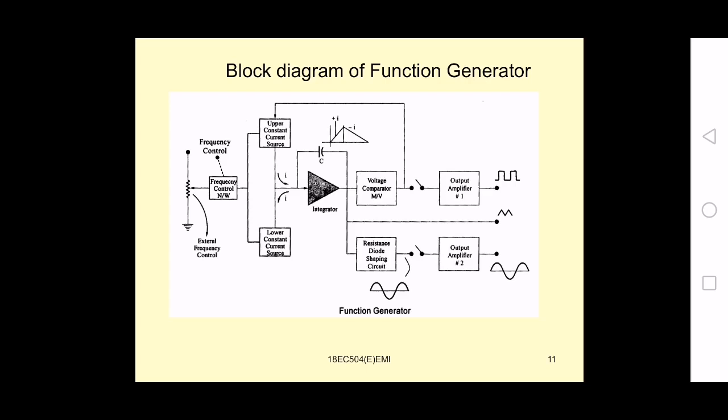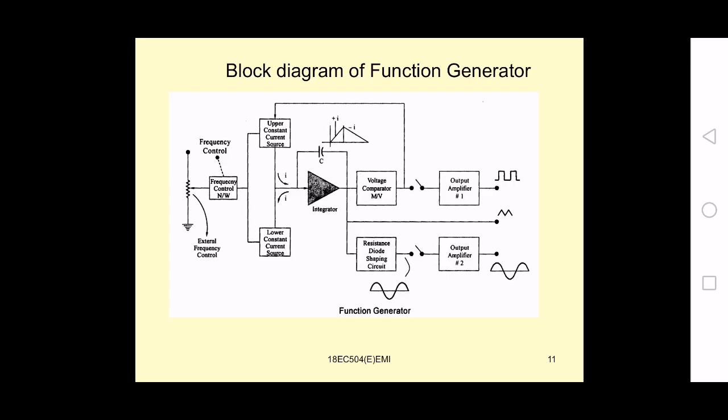Here you have two constant current sources that are driven by the frequency control network. First we have the upper constant current source, which is driving the integrator. The integrator output equation is E out equals minus 1 by C integral of I dt.